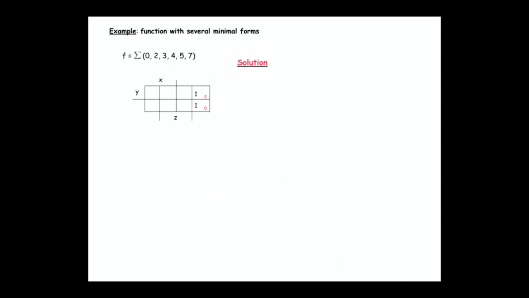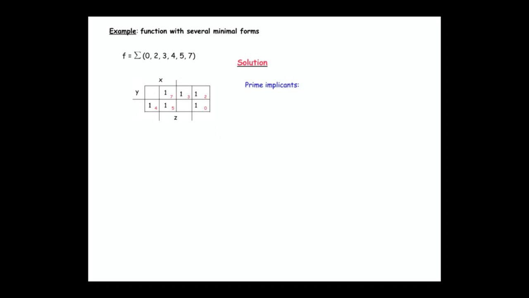So that's the square 0, square 2, square 3, square 4, square 5, square 7. Right, they sort of weirdly go like this: 1, 2, 0, 1, 3, 2, 4, 5, 6, 7. But you don't need to know this because you can just quickly convert it into binary numbers and X, Y, Z.